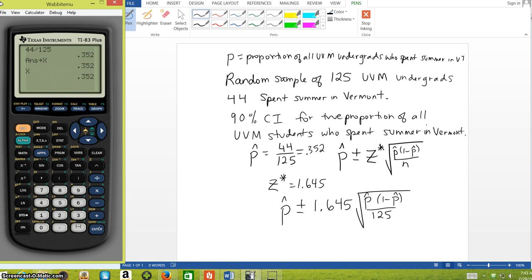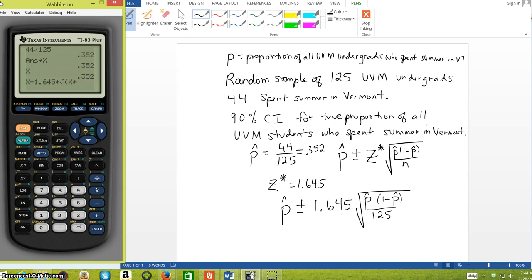So now if I want to calculate my confidence interval, I can put that number in directly. So I can do the lower limit of my confidence interval, and take my p hat minus this quantity. So I've got my X value minus my z star, 1.645 times, I need a square root, it's the second command here. Now I'm going to use my p hat, which I stored in X, remember. So I do alpha X times.